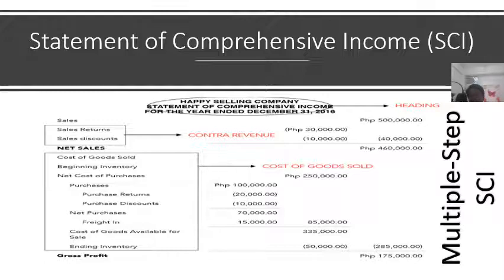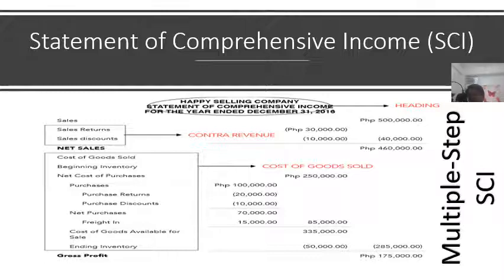Minus 15 equals 85. Yan. So, idadagdag mo yung 250 sa 85, goods available for sale. Ang tawag sa 335,000. And, bawas mo yung ending inventory na 50,000 equals 285. Yan na ang cost of goods sold na ibabawas sa net sales na 460 equals 175.